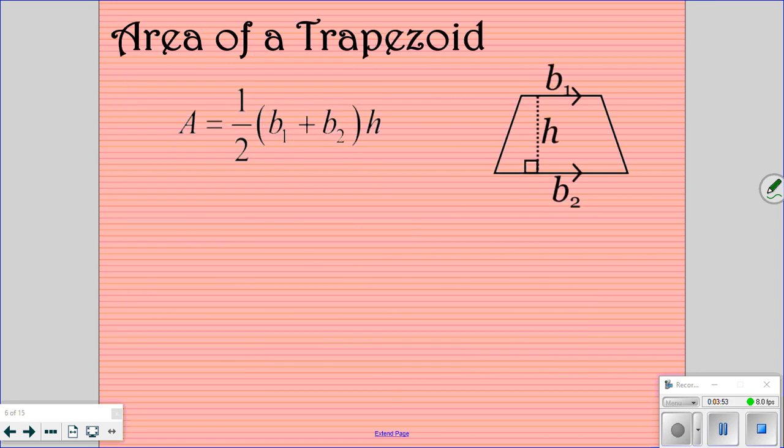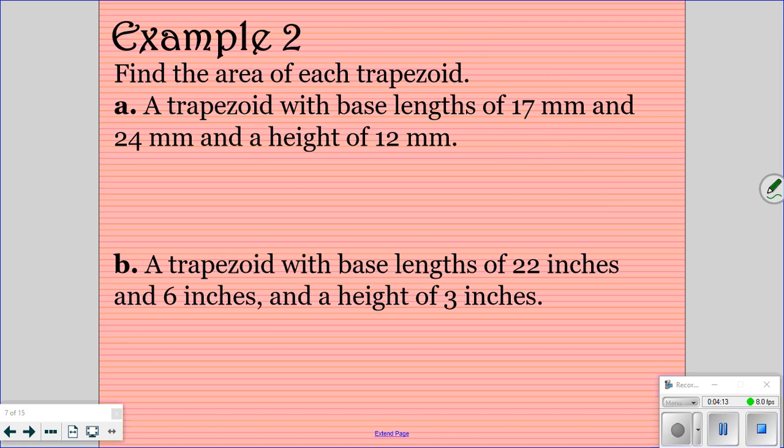For trapezoids, if you don't know this formula, you do need to learn it. It's going to be 1/2 times the sum of B1 and B2 times the height. So it doesn't matter which one is your B1 and your B2. You can pick either one of them. They're just your bases, the two sides that are parallel to each other. So we want to find the area of this trapezoid.